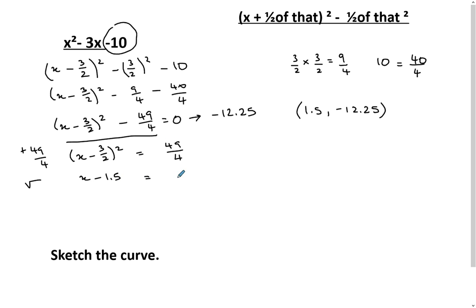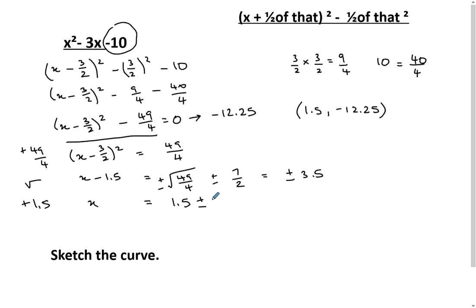Now you can see when you square root 49 over 4, it will give you plus or minus 7 over 2, which is plus or minus 3.5.